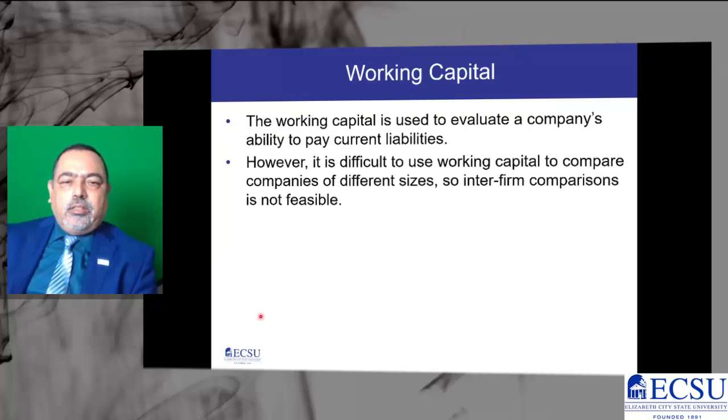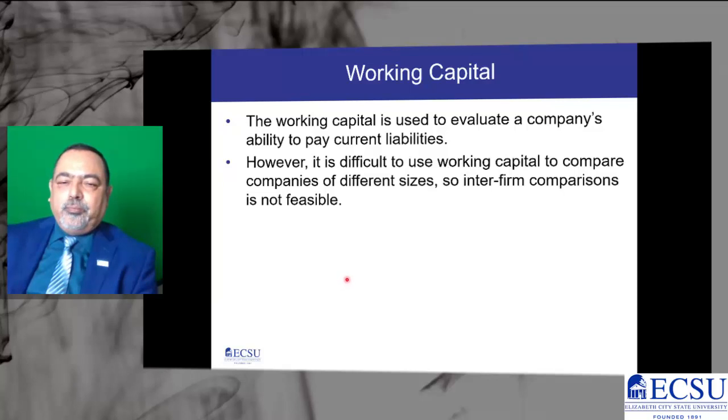Next, working capital is used basically to evaluate whether a company will be able to pay off its current liabilities. However, it is quite difficult to use working capital to compare companies of different sizes. Suppose one company is really large and its working capital is 100,000, and there is another small company that also has 100,000.